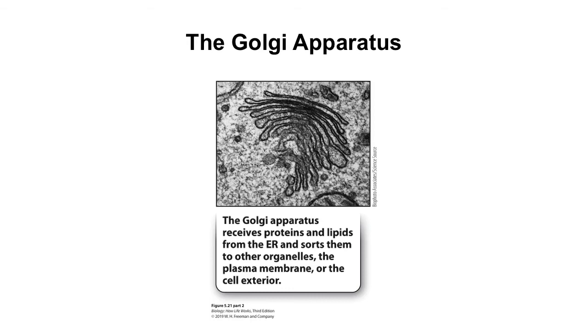Now, the Golgi apparatus has three functions. First is to further modify proteins and lipids that were produced in the ER. And then, second is that they sort proteins and lipids as they move to their final destinations.